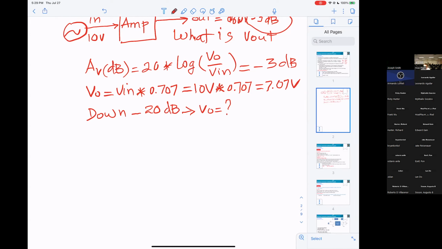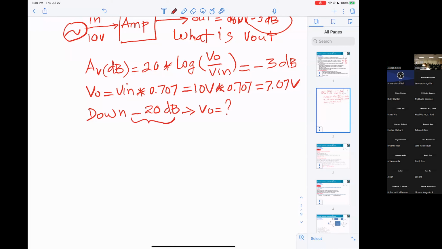Is it 1 volt? If you take minus 20 dB, try to find out what number is equivalent.